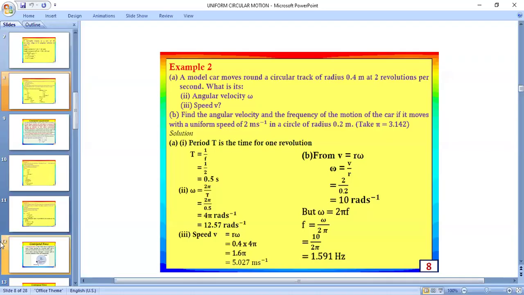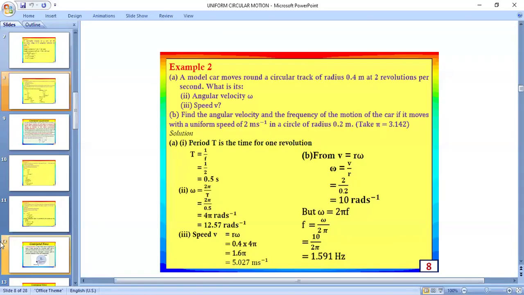Then the second part says find the frequency. So you will say omega equals 2 pi f, and we're looking for f. Therefore, f will be omega over 2 pi.